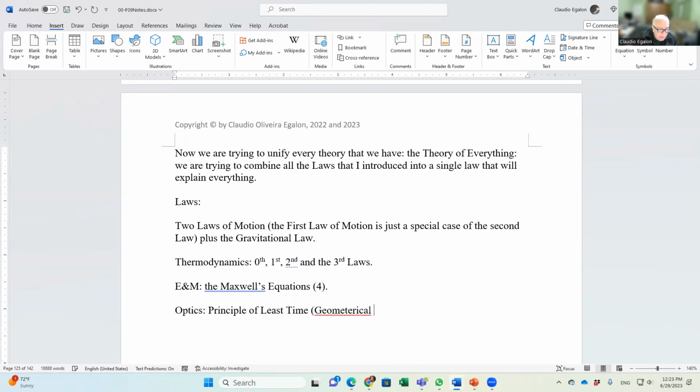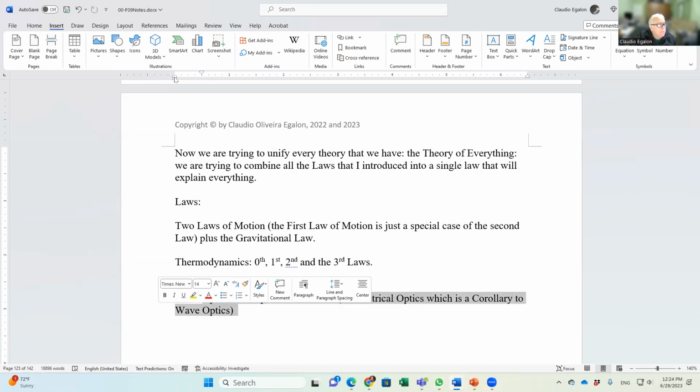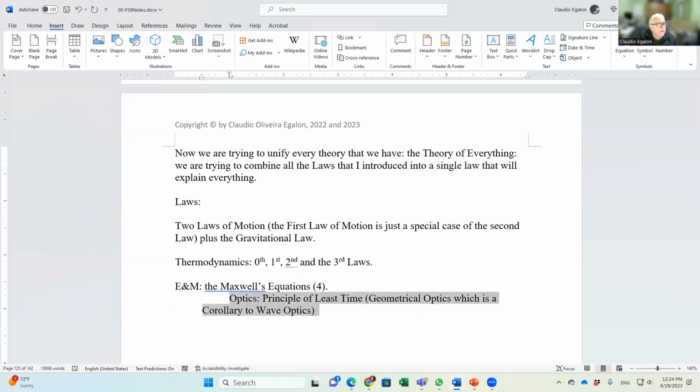Which, by the way, is just a corollary to wave optics. Everything that geometrical optics explains, wave optics explains as well. So I'm going to put optics right in here as it is a subset of electricity and magnetism.